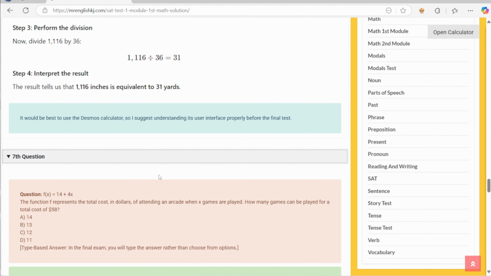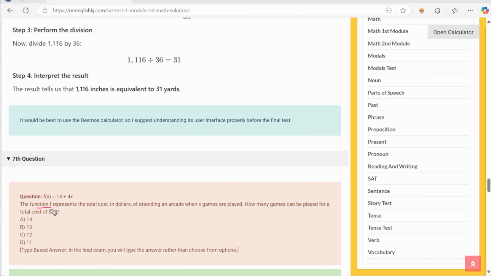Here we are given an equation. The function f represents the total cost in dollars of attending an arcade when x games are played. How many games can be played for a total cost of 58? So we just need to find x here.